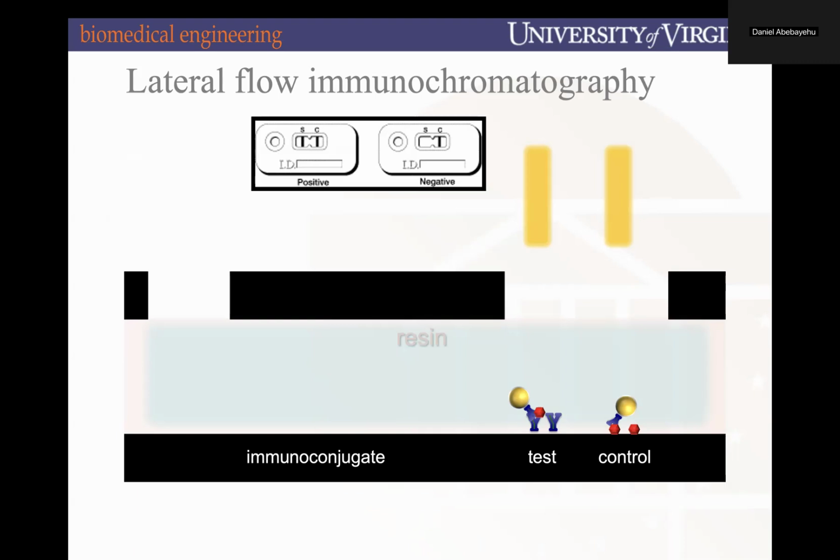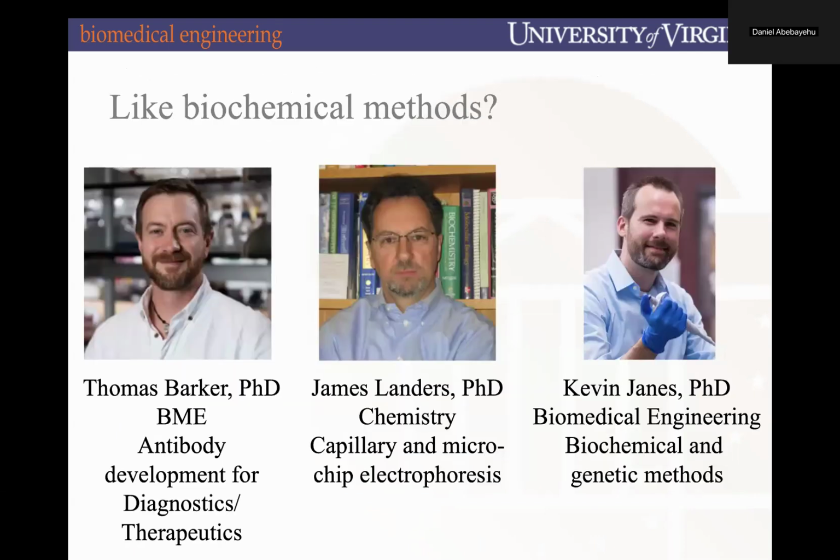That'll either be a single band or, for some tests, a positive band that shows up because there are antibodies in that shape that have the gold particle that shows up with your capture antibody. And again, if the test worked, you'd have a positive band at the control strip and no band at the test.